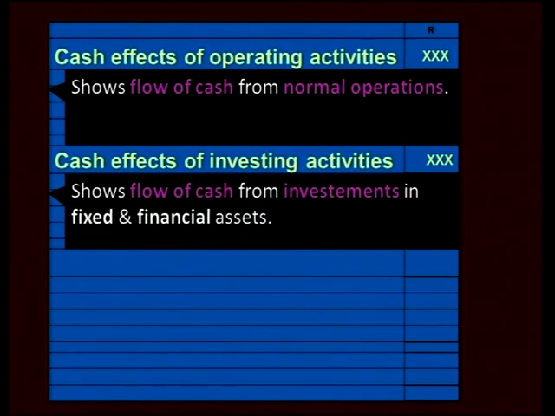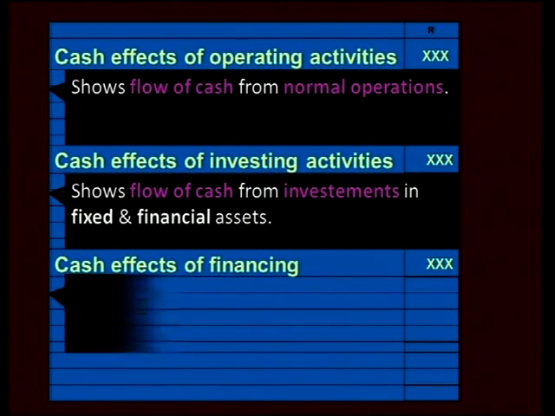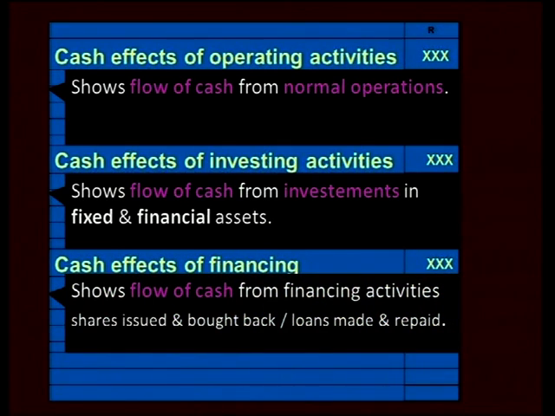And then the last section of the cash flow statement looks at the cash flow from financing activities: shares issued or bought back, and loans made and repaid. So a hint: remember to know the 3 different sections: normal operations, your investment activities, and your financing activities. And we're going to spend the rest of this afternoon analyzing the cash flow of Derby Limited.